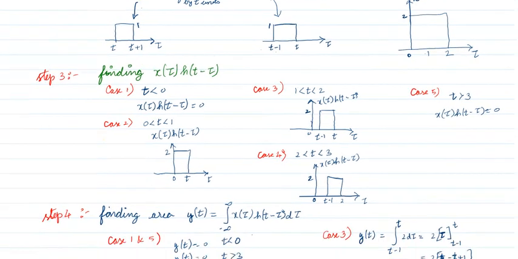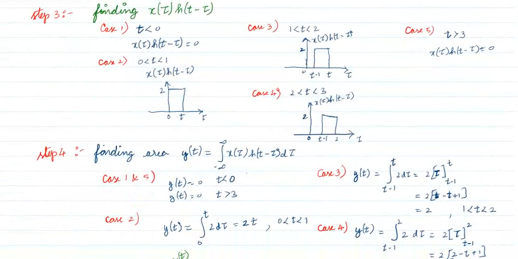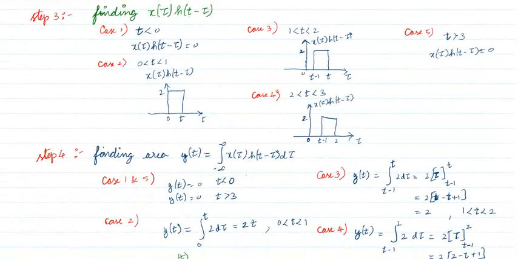Now we have to find the area. For case 1 and the last case, it's obvious that the product is 0. For t less than 0 it is 0, for t greater than 3 it is 0. So case 1 and case 5 I have done, right? Then go for case 2.